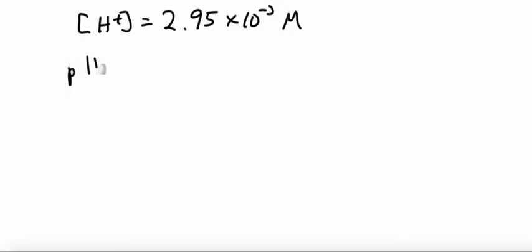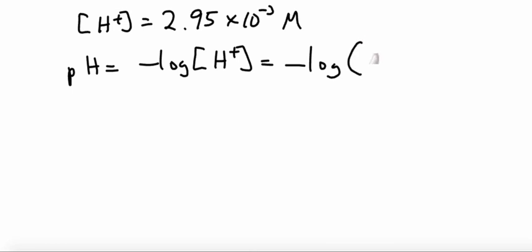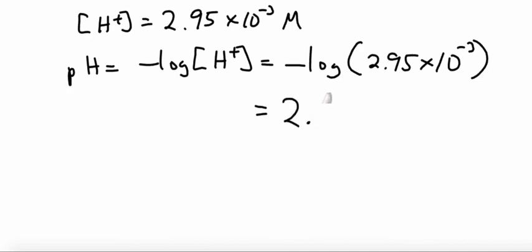And the pH is the negative log of the hydrogen ion concentration. And that comes out to a pH of 2.53. So there's our pH.